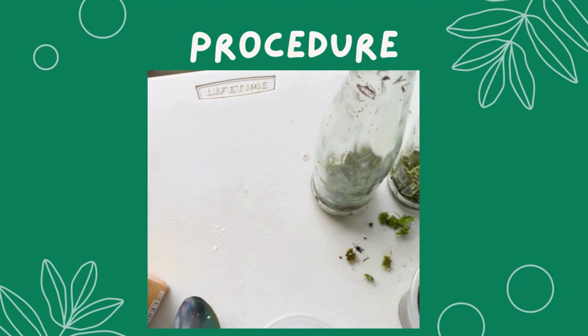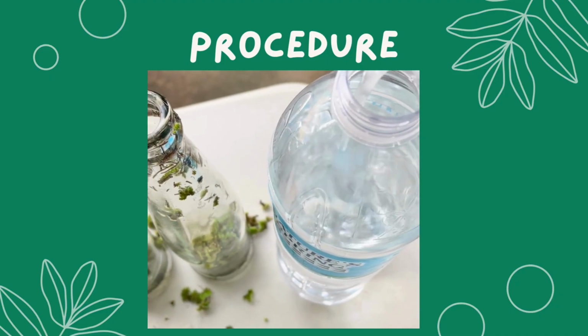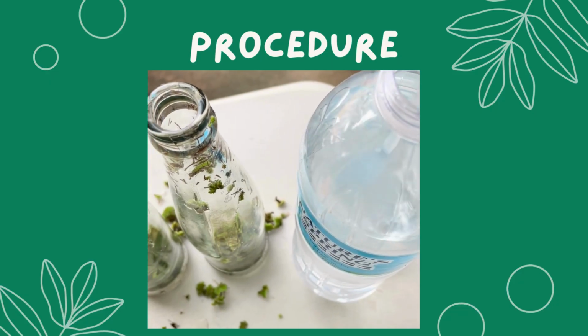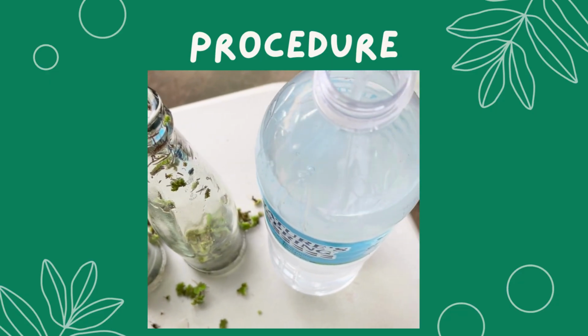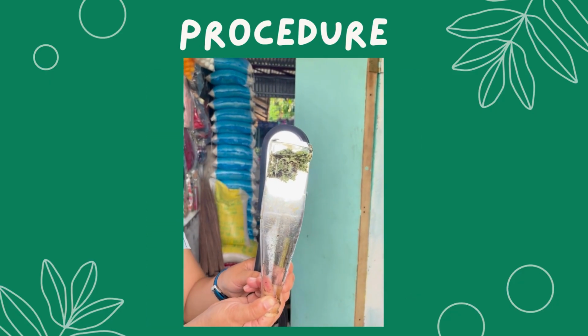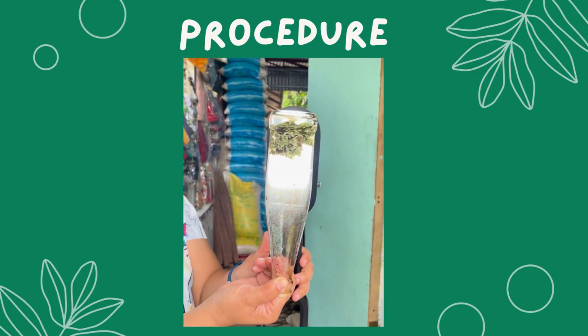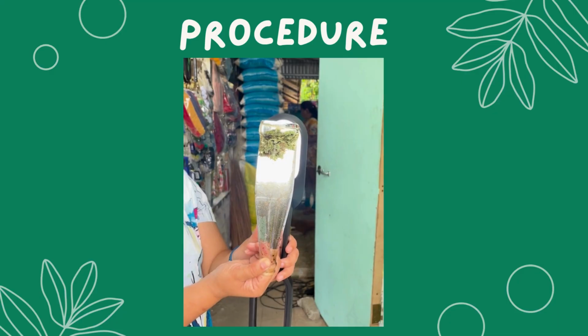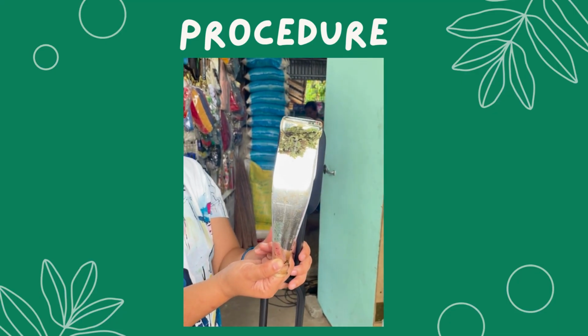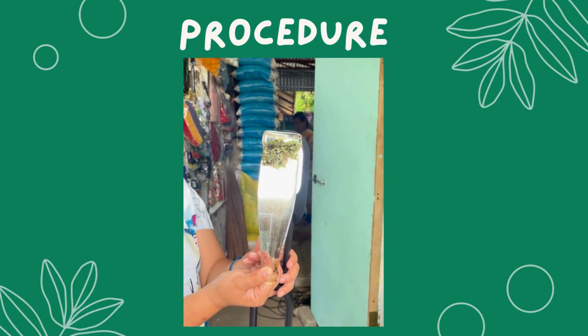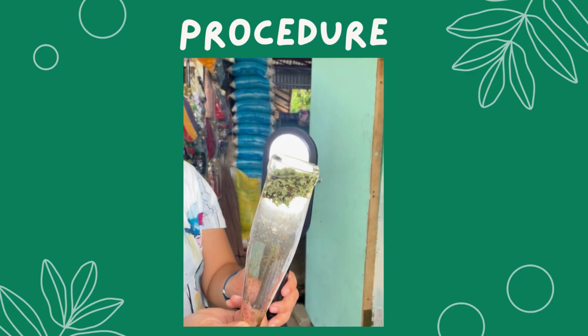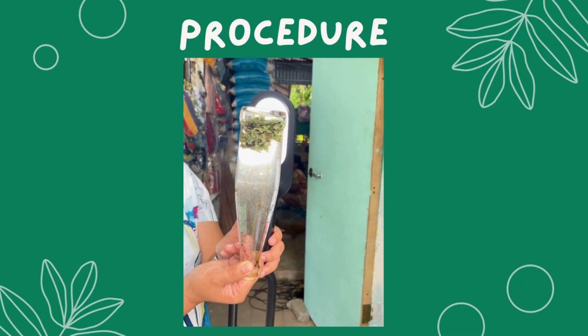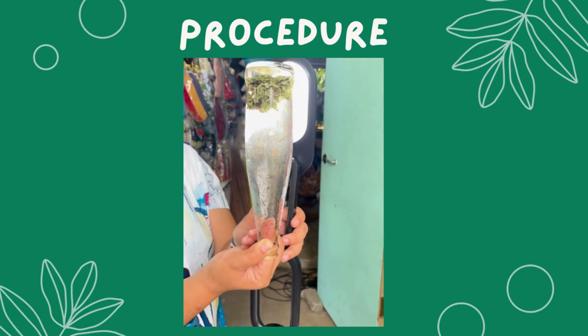Invert it and carefully place it. In this video, I am already inverting the bottle. Carefully place it over the stem of the funnel, ensuring no air bubbles are trapped inside the bottle.